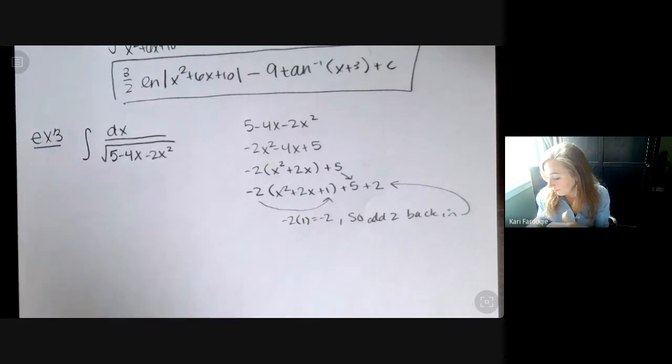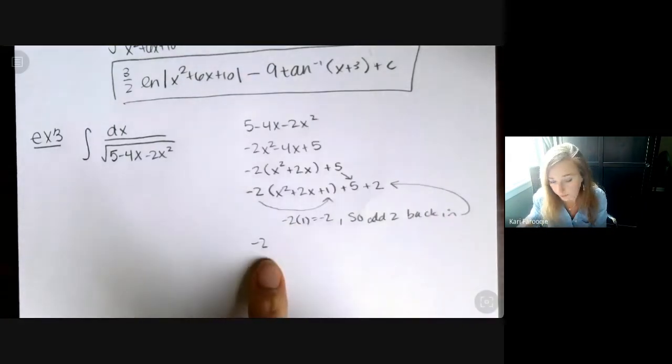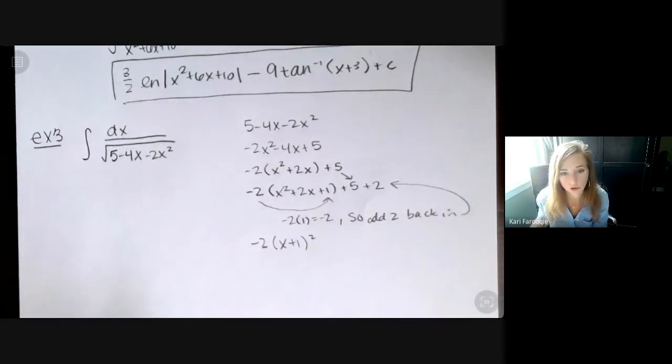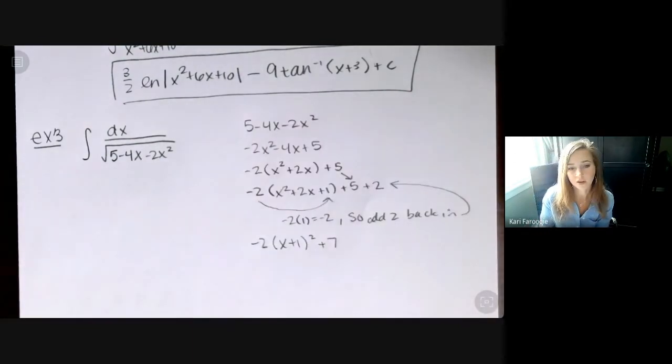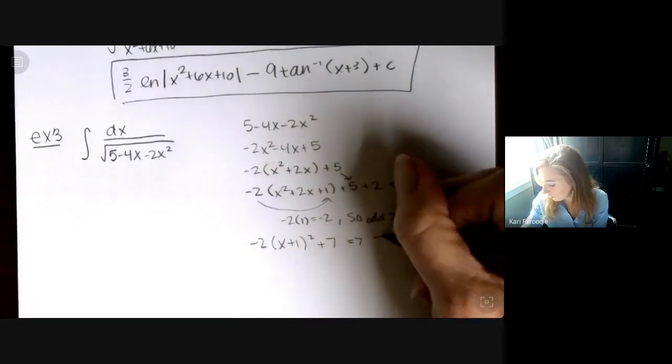Okay. Now complete the square. So the negative 2 comes down. Complete the square inside the parentheses, and you'll get x plus 1 quantity squared. 5 plus 2 is 7. Now, we don't have a form that's like negative something squared plus something. If this is a minus, then switch this to a subtraction problem.